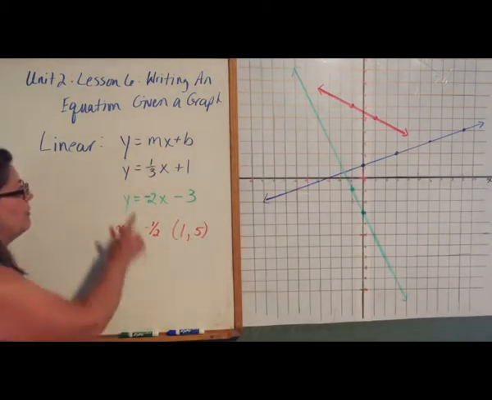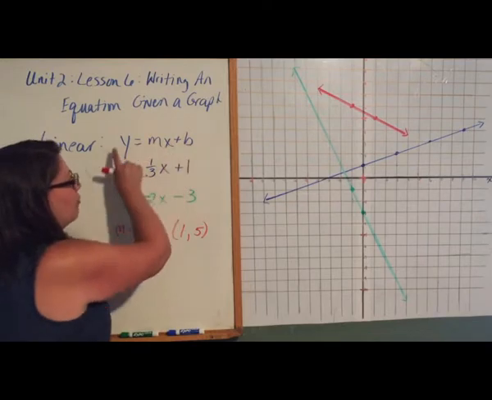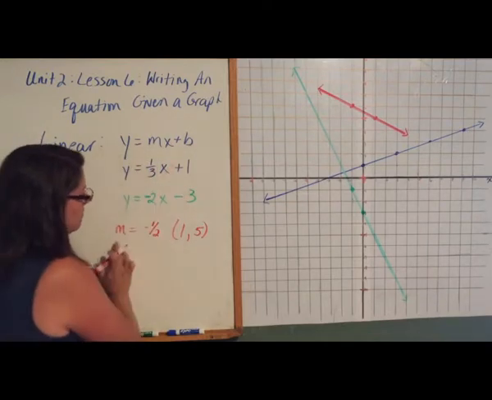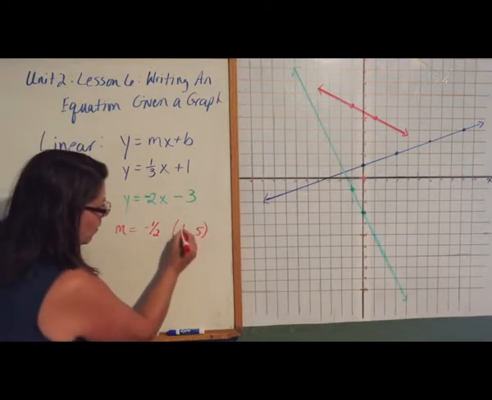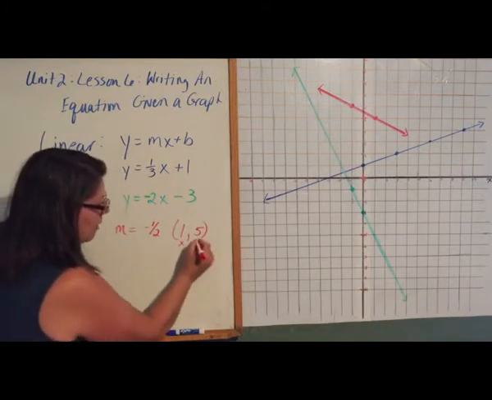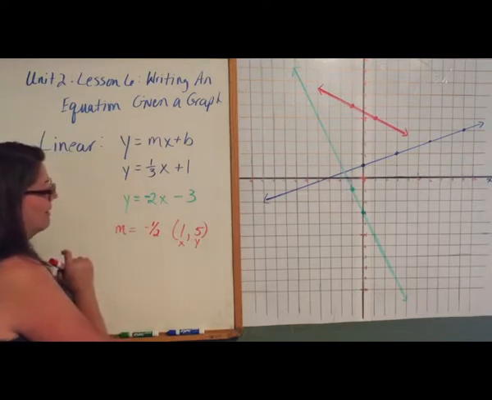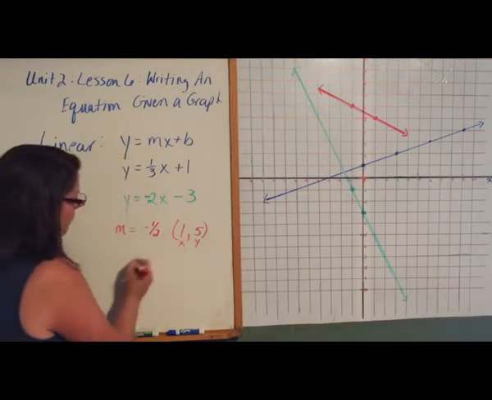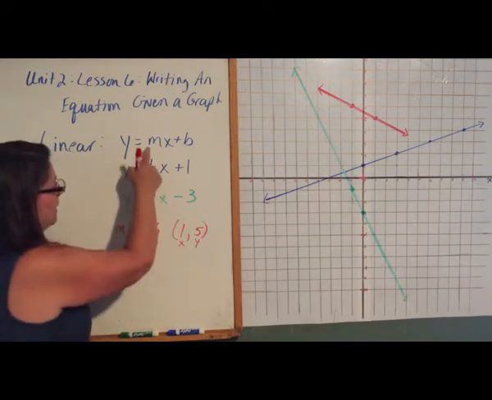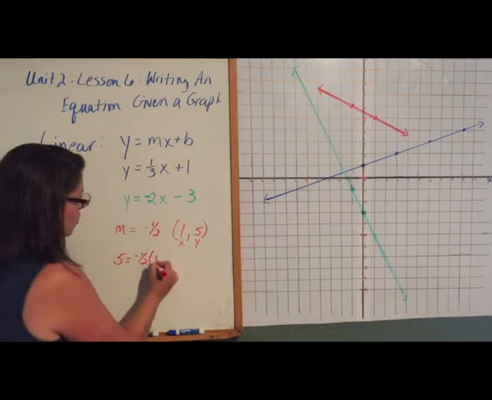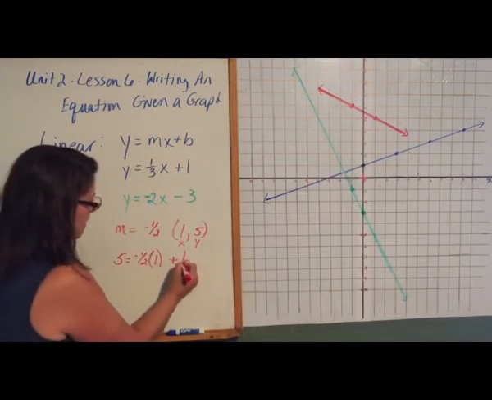So let's do that. I'm going to go ahead and plug into this because I think that's probably what most of you are used to. If I plug this information in, my x value is 1, my y value is 5, and my m value is negative 1/2. So 5 equals negative 1/2 times 1, plus b.